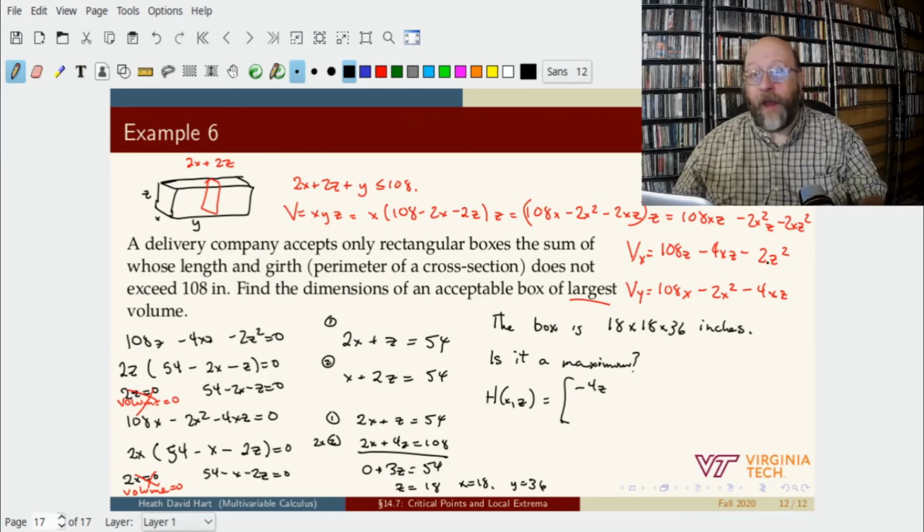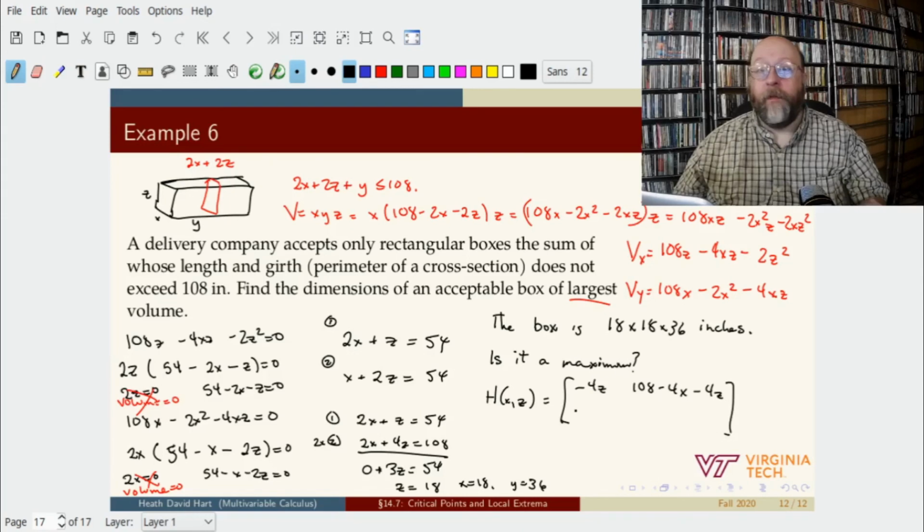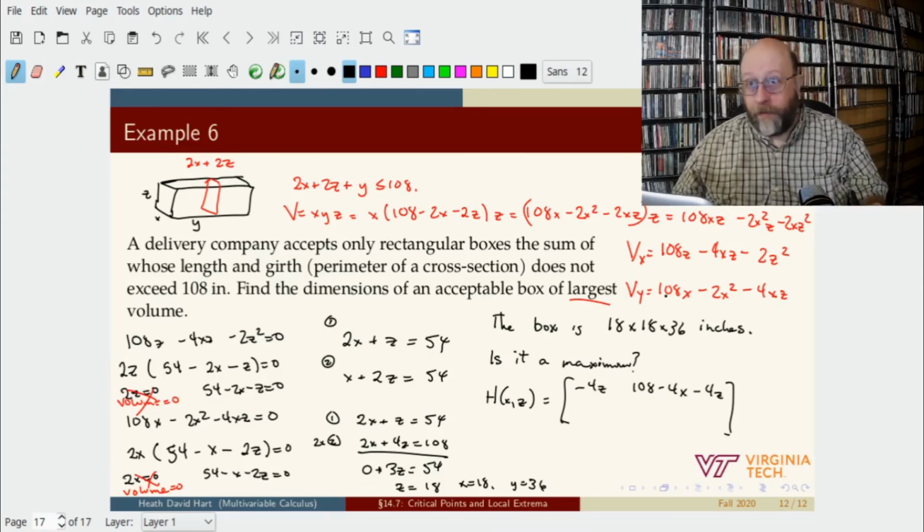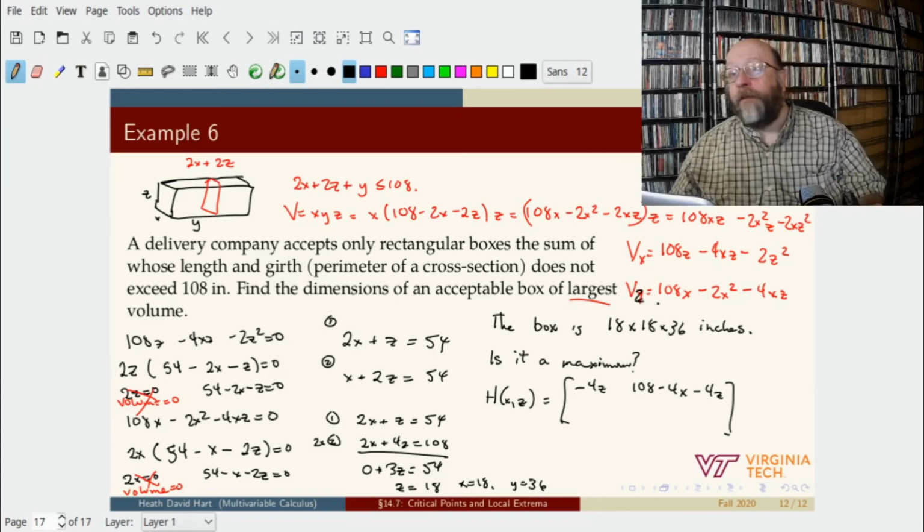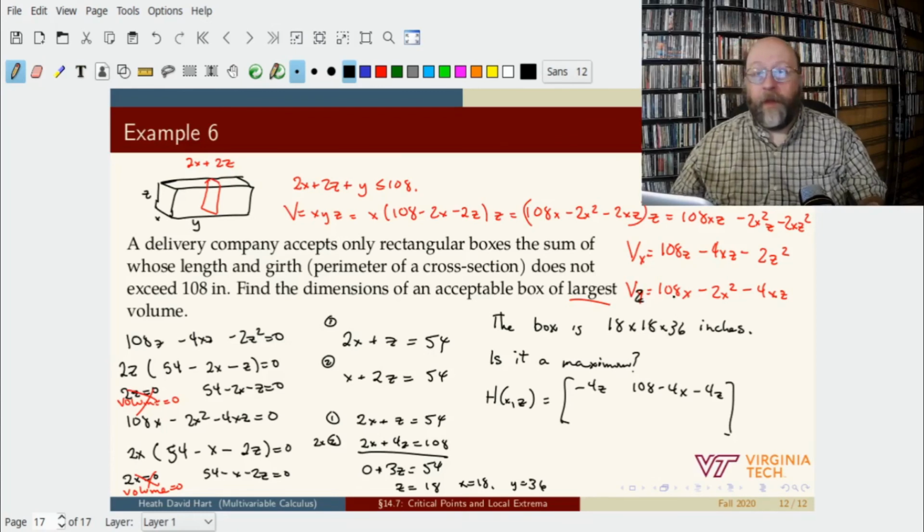The partial derivative with respect to z is 108 minus 4x minus 4z. This one should have been a z, not a y. It should have been 108 minus 4x minus 4z. These should be the same. And with respect to z, this term goes away, and we get negative 4x.